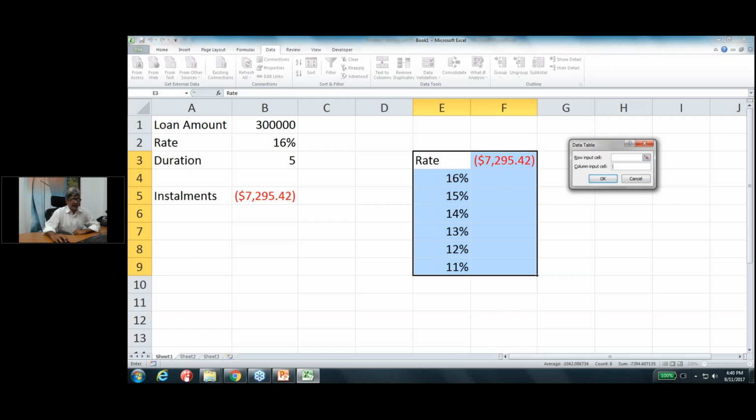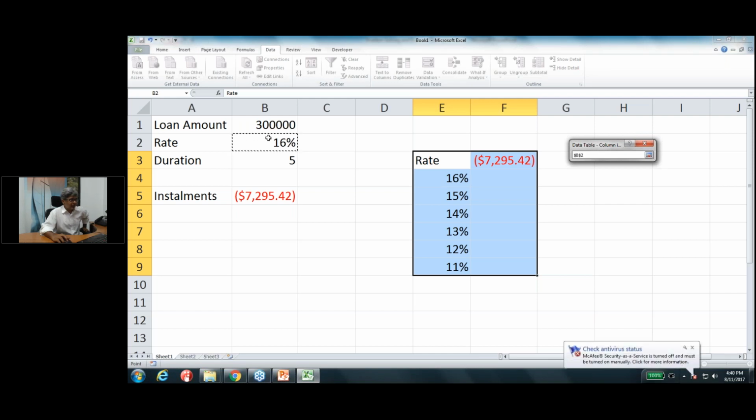Just go to this column input cell box and select, since these are the rates, click this one. This will utilize the cell for the various rates available in this particular selection. If you click that and click OK, you will see what will happen.